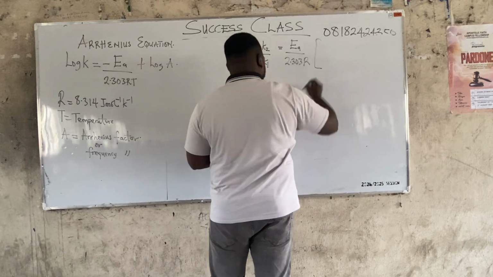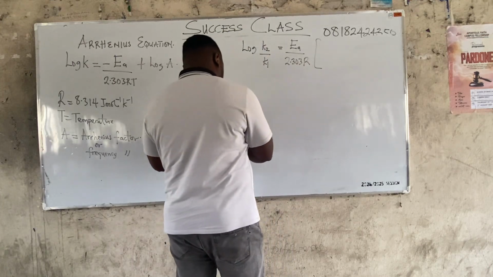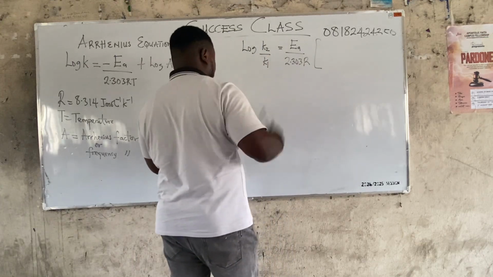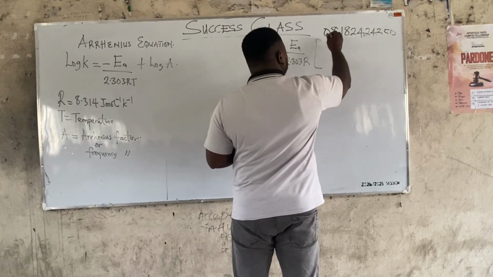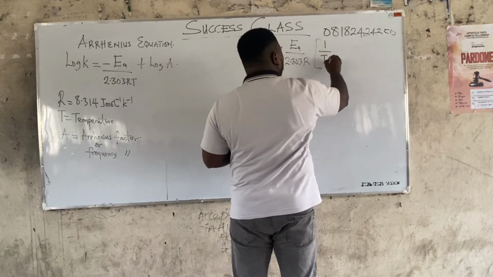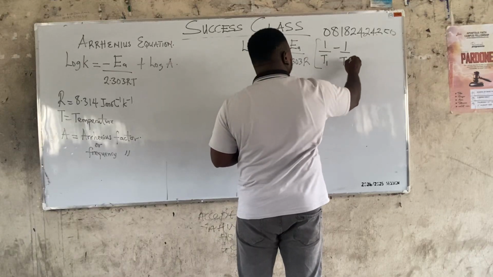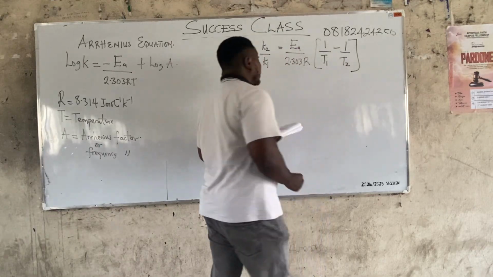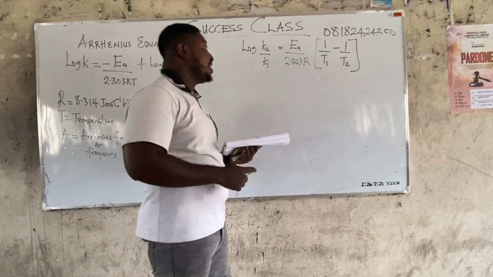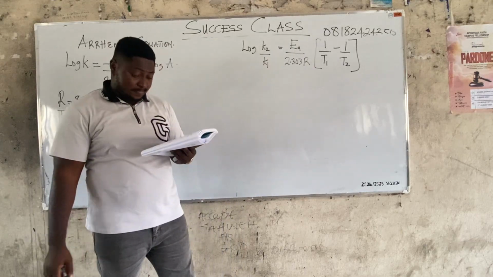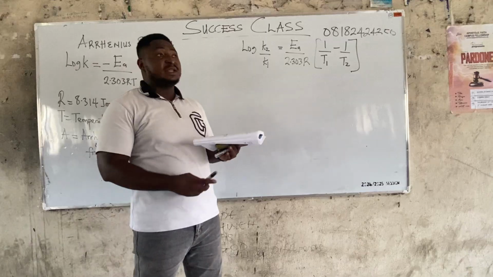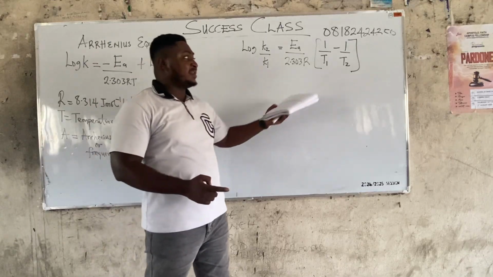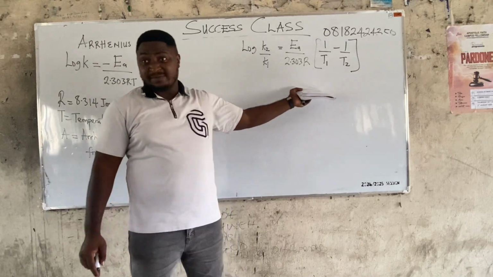Now open a bracket: 1 over T1 minus 1 over T2. Log K2 over K1 equals Ea over 2.303 R times (1 over T1 minus 1 over T2). In case you attended the first one and I give you a different form, it's still the same thing if you find the LCM.